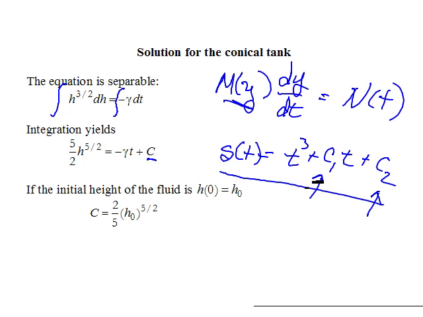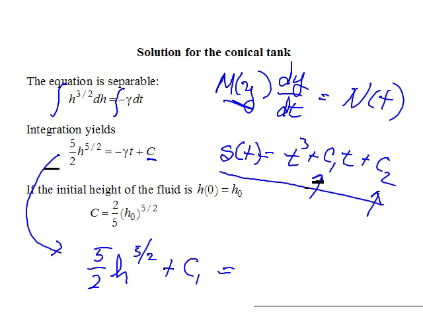You cannot combine them. But when I integrate this equation, I end up with 2/5 h to the 5/2 plus some constant, we'll call it c1, equals minus gamma t plus c2. Now I can combine these, because they're similar terms, and then lump them all together with one c. So although it seems like we're being a little cavalier about this, we're actually being correct.